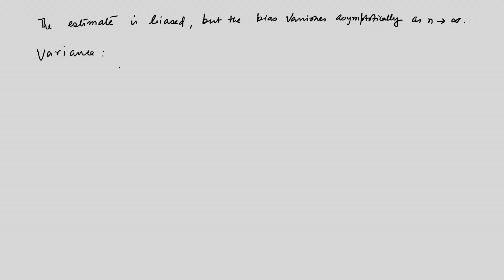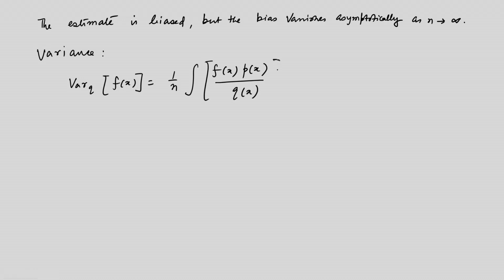So, the variance of this q distribution is given by 1 over n times the integral of [f(x) p(x) divided by q(x)] squared dx, minus the expected value under the p PDF, the original PDF, of f(x) squared.